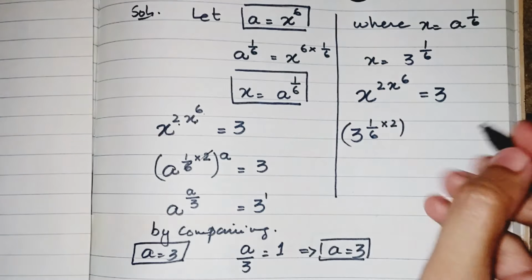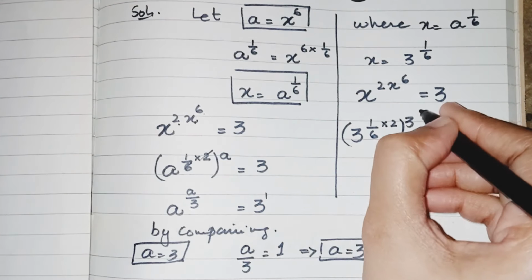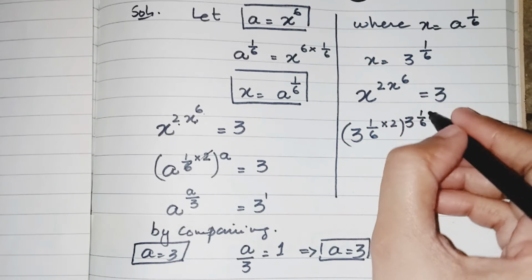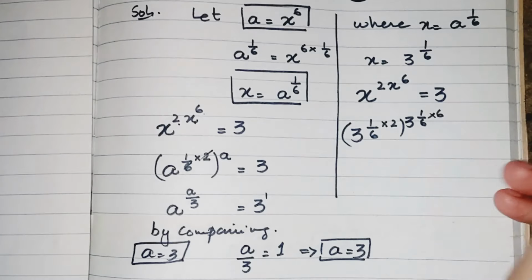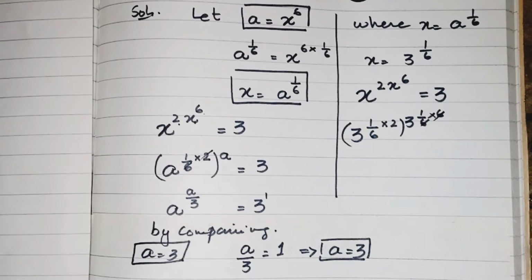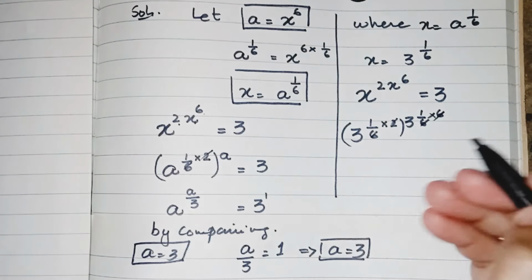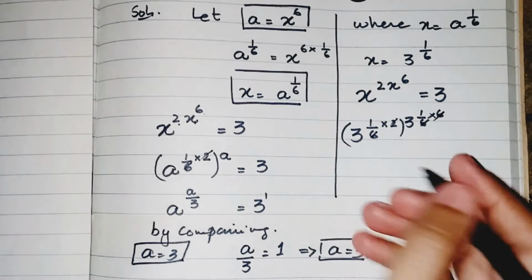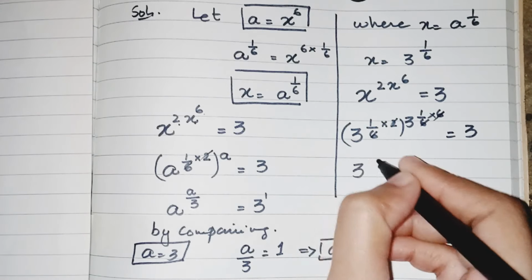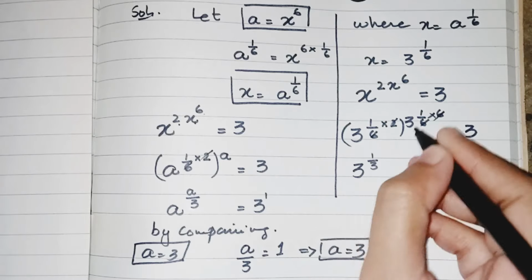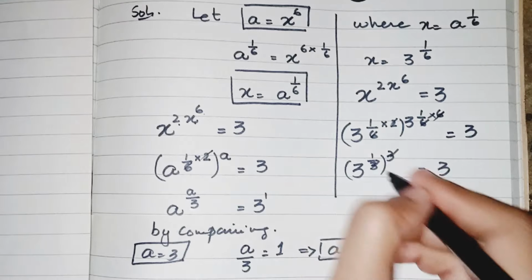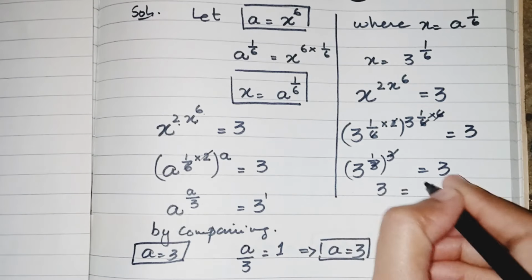Now in place of x again I have to write 3^(1/6), and then the power of x will be 6, so it will be multiplied by the over power. 6 cancels out by 6, 2 and 6 also cancel out, so what I have remaining is 3^(1/3), and this whole power 3 is equal to 3. 3 cancels out by 3 and I have 3 = 3.